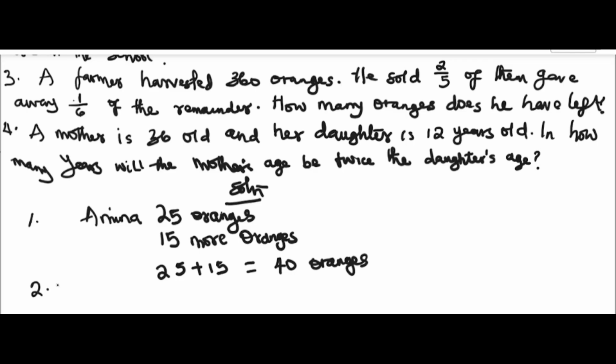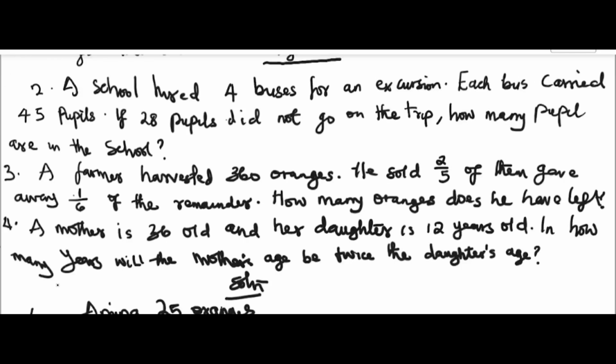So the second question, let's go to the question and read it together. It says, a school hired 4 buses for an excursion. Each bus carried 45 pupils. So how many buses did the school hire? 4.